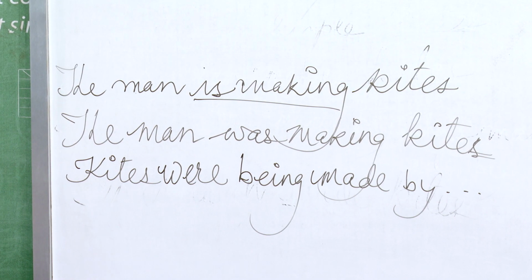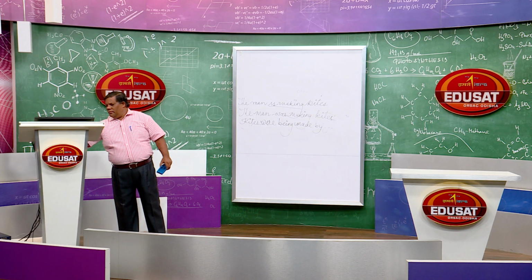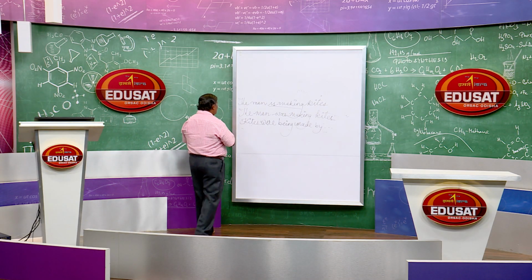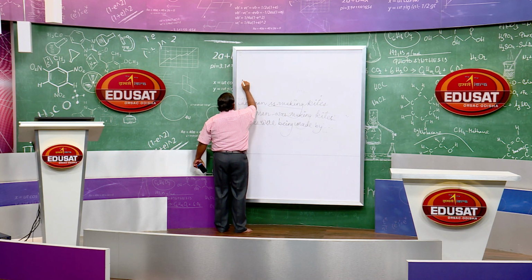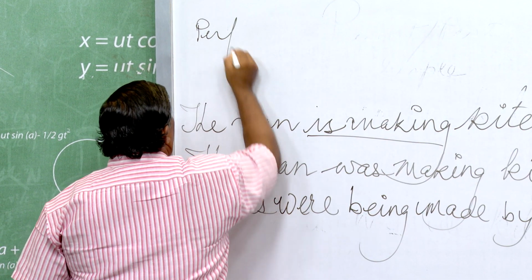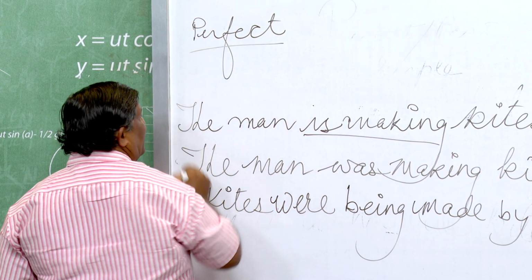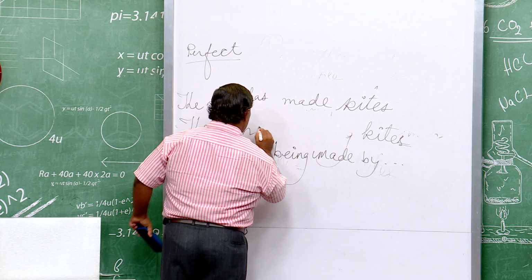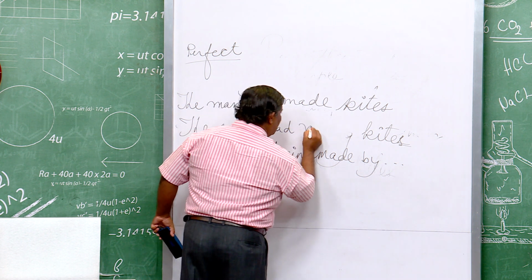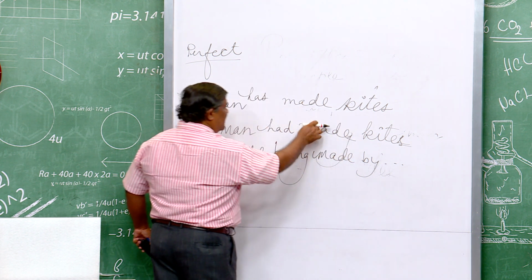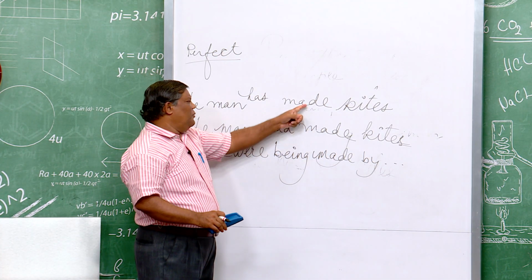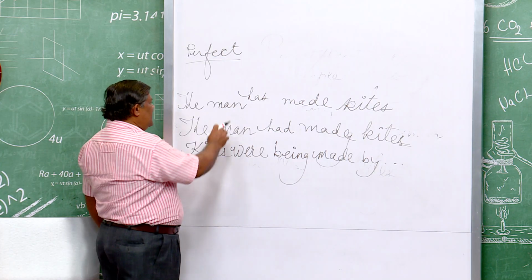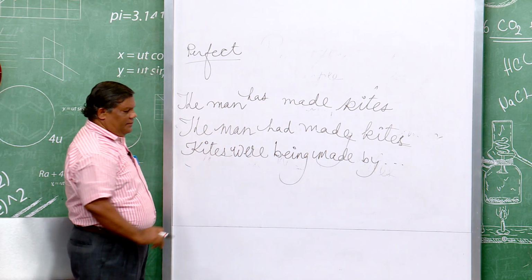Now come to present perfect form and past perfect form. Present and past, you simply change it here: has becomes had, everything remains the same, because it is a non-finite verb, no change. Only the change takes place here, and this is present perfect and this is past perfect.